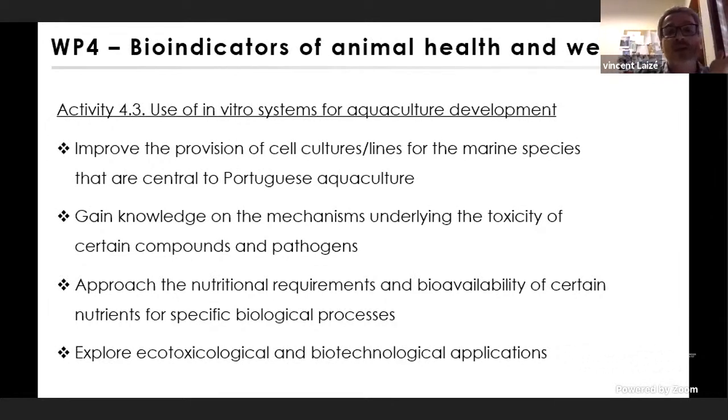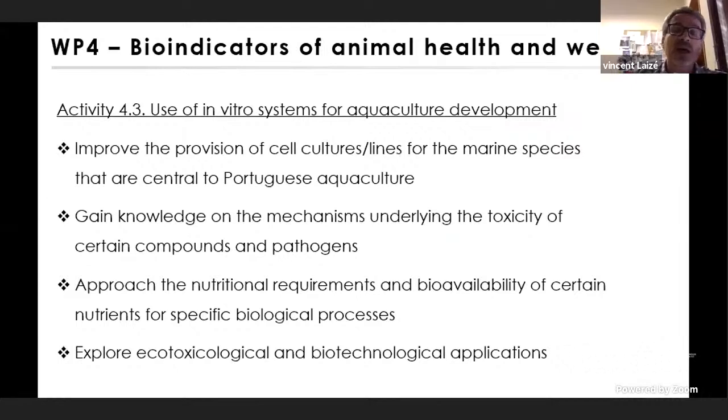So it has not started yet because it has just been funded, but in this activity we aim to improve the provision of cell lines from fish species that are important for Portuguese aquaculture.